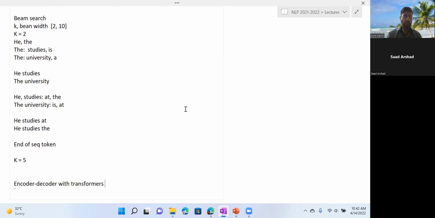You can also have GRU, you can also have LSTM. These are all sequence models that we have already studied. And similarly, we can also have transformers as the encoder and the decoder, or you can even have them different. Maybe the encoder is an RNN and the decoder is a transformer, or the encoder is a transformer and the decoder is an RNN. You can do whatever you like.